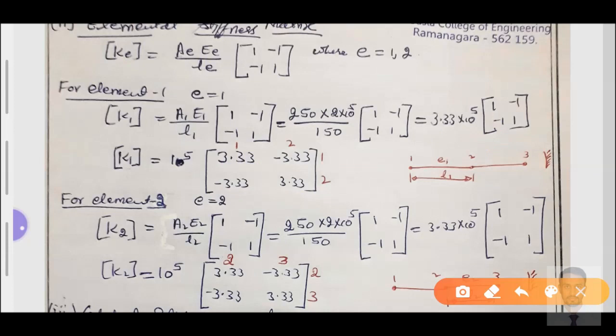The characteristics of a node are equal to the characteristics of a row and column of the matrix. So we have that idea. Element number 1 lies between node number 1 and 2. First row, first column is named 1 and 1. Then second row, second column is named 2 and 2, right?